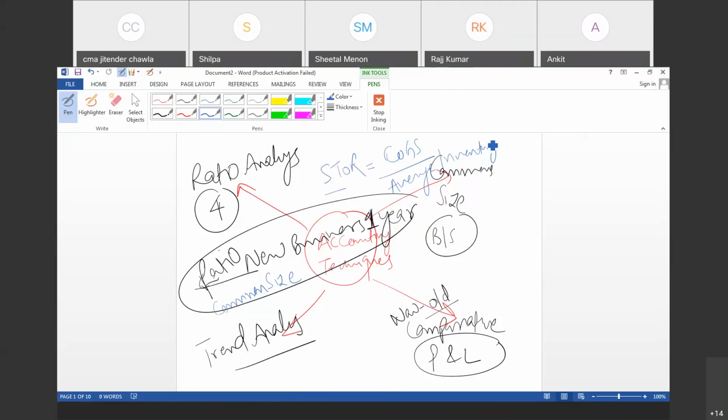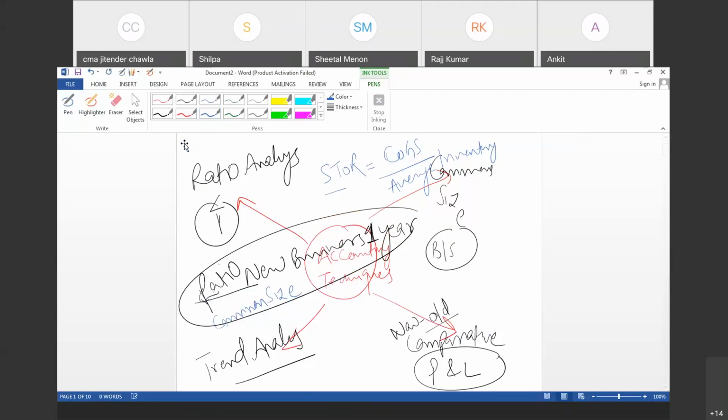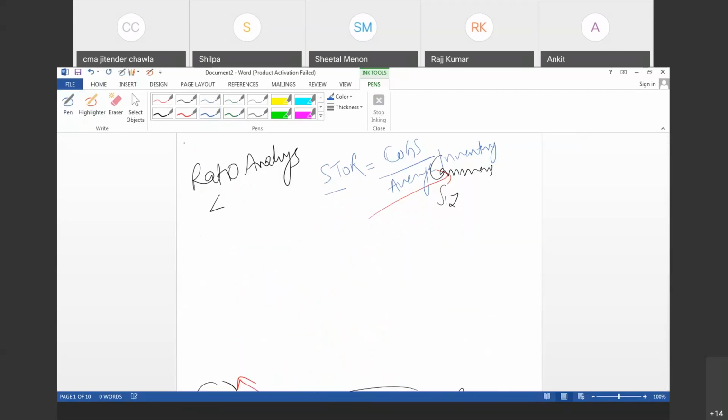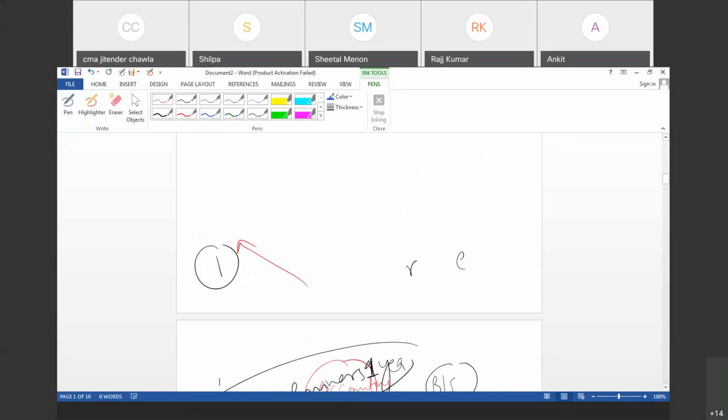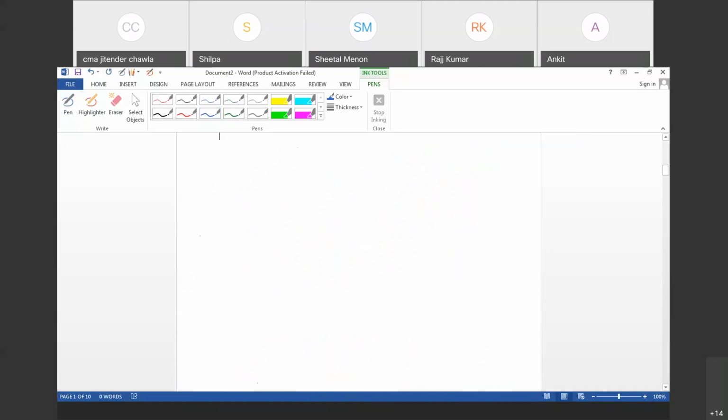Now we talk about supply chain management. We have to talk about supply chain management. Next topic is supply chain management.